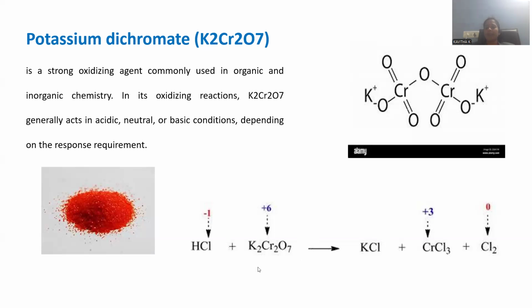That is accompanied by this potassium dichromate, where potassium dichromate has chromium in the +6 oxidation state, and upon the reaction itself, it is converted into CrCl3. Chromium trichloride will be obtained where chromium is in the +3 oxidation state. There is a decrease in the oxidation number for this chromium, so the oxidizing agent itself is involved in the reduction, where chloride is oxidized into chlorine. This is the way oxidation reactions will proceed.